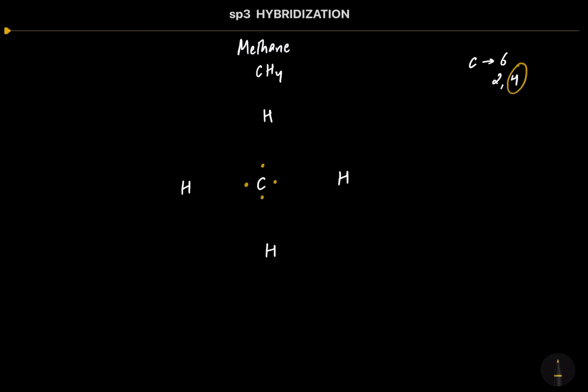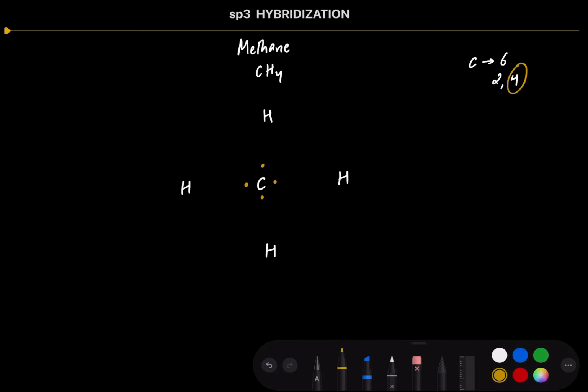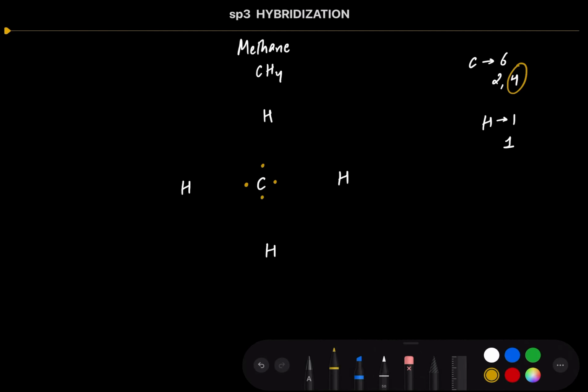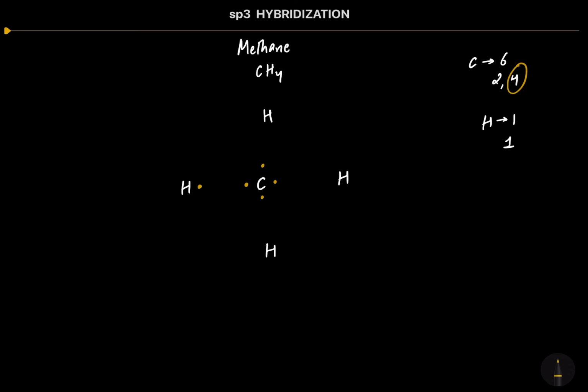And let's talk about the hydrogen. The atomic number of hydrogen is 1 and its configuration is 1. That means hydrogen is having only 1 electron in its valence shell. So let's mark it. Now first hydrogen having 1 electron, second hydrogen 1 electron, third hydrogen 1 electron, and the fourth hydrogen 1 electron.